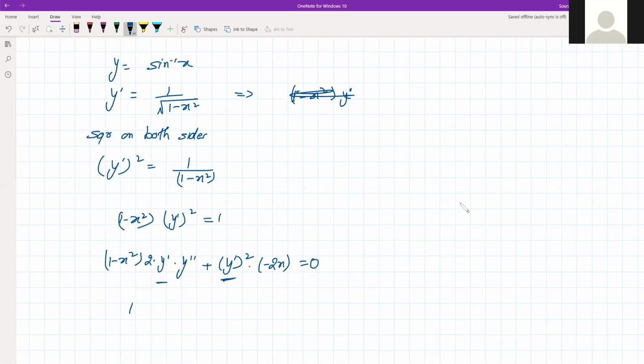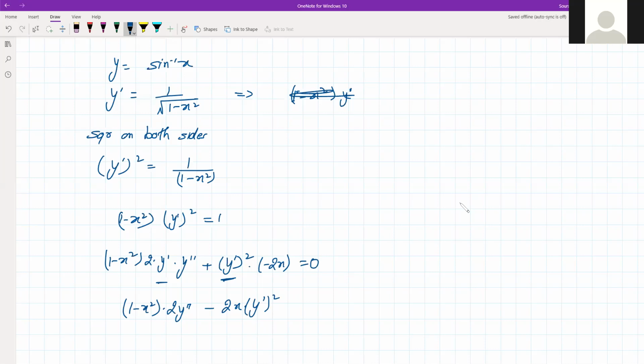So the first term becomes 1 minus x square into 2y double dash minus 2x into square of y dash.